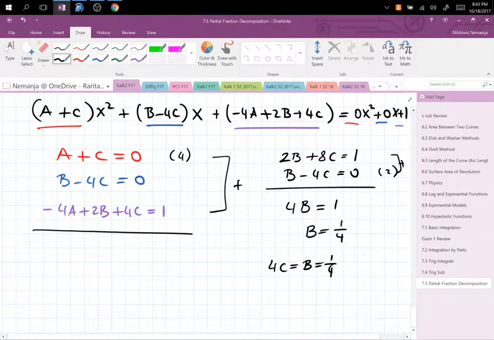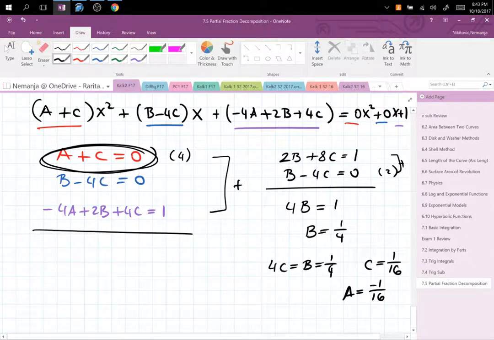So c is equal to 1/16. And if c is equal to 1/16, a has to be negative 1/16 because they have to add to 0. I love these equations because it's always additive inverses there.